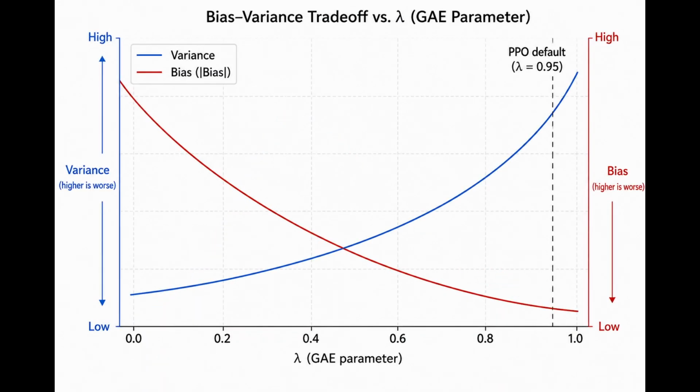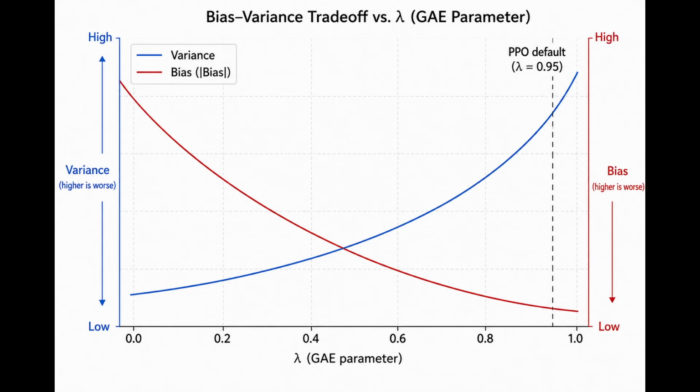Here's another idea. What if we subtract a baseline b(s_t) from the return? ∇θ J(θ) ≈ Σ over t of ∇θ log πθ(a_t | s_t) times (R_t - b(s_t)).